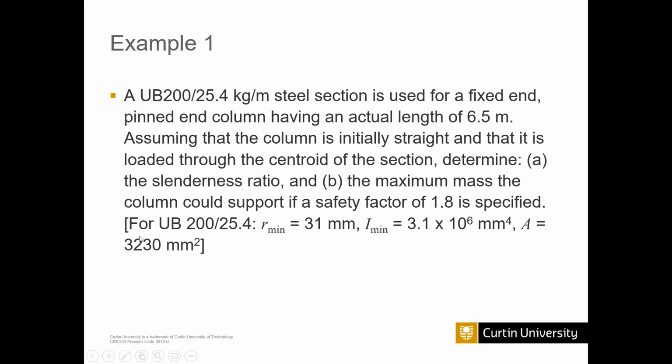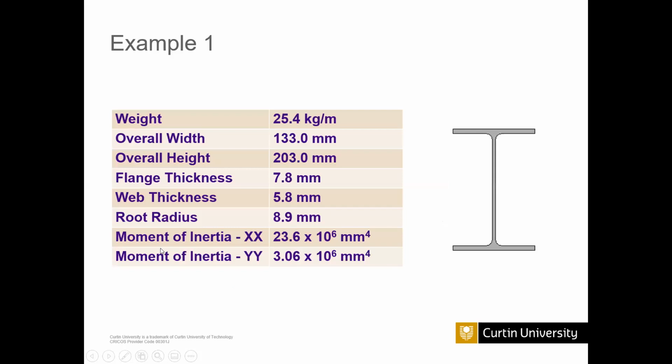Some required parameters are given: R minimum, I minimum, and area are given for this material. So let's see, this is the cross section of the column. You can see overall width and overall height, flange thickness, web thickness, root radius, all the things are given.